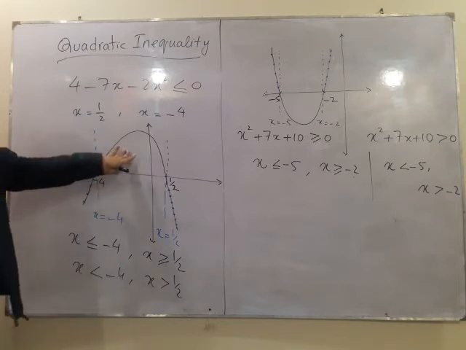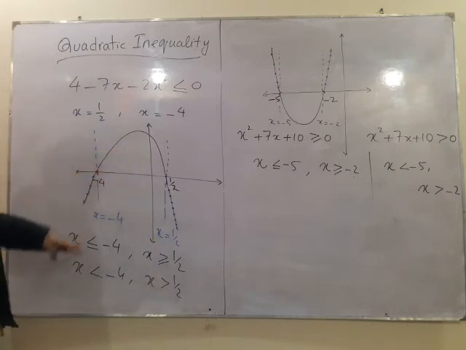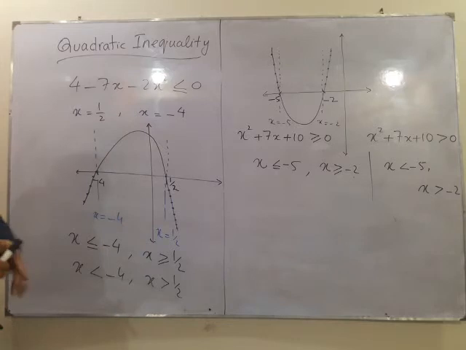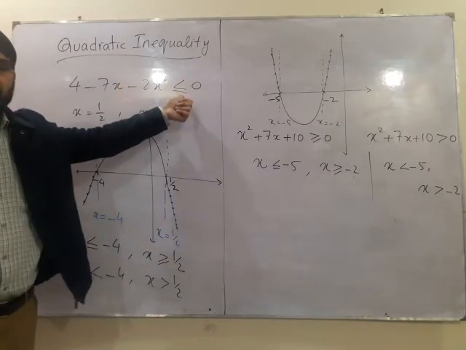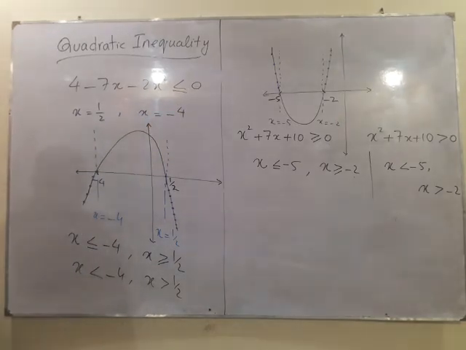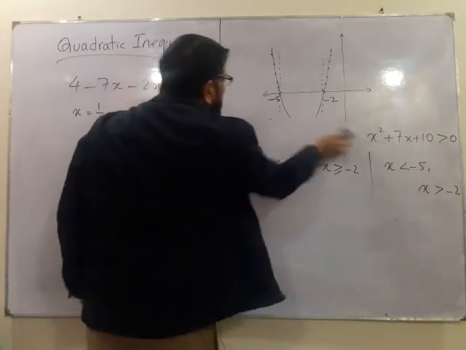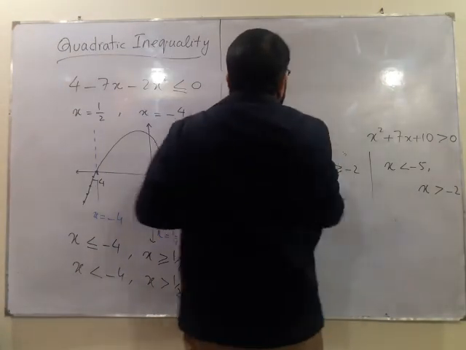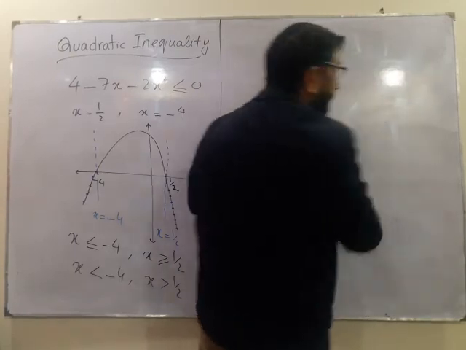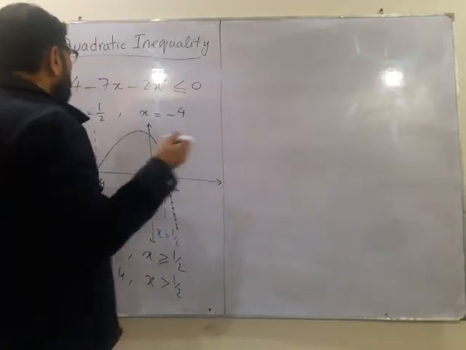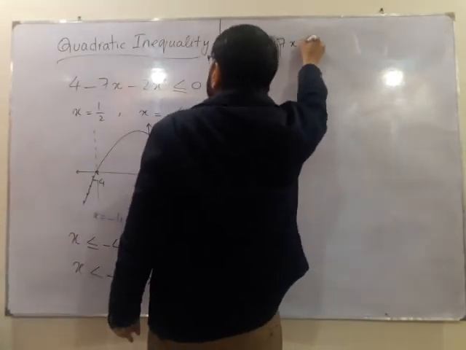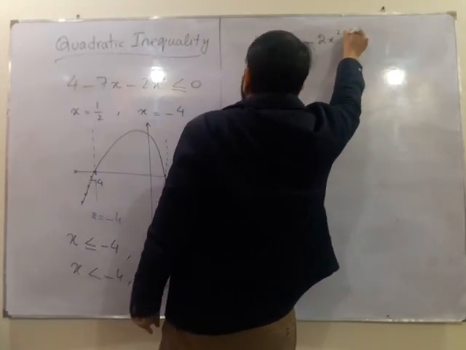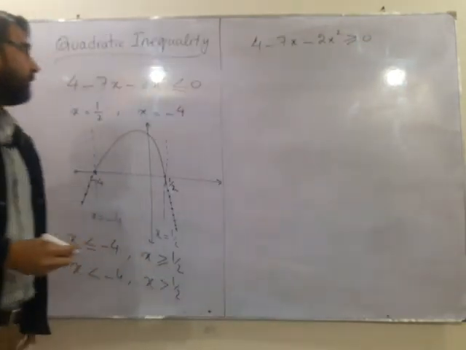I hope this clarifies how to deal with the different inequalities. Now, if we deal with the same inequality but with a greater than sign, what's going to happen in that case? Let us see how we deal with this if the same is done with a greater than sign. Now it is 4 minus 7x minus 2x squared greater than or equal to 0.